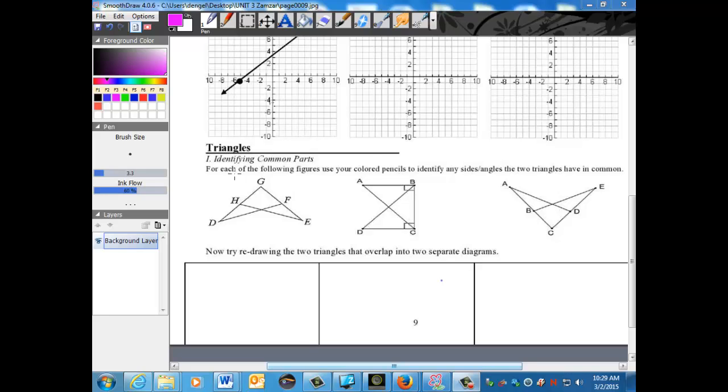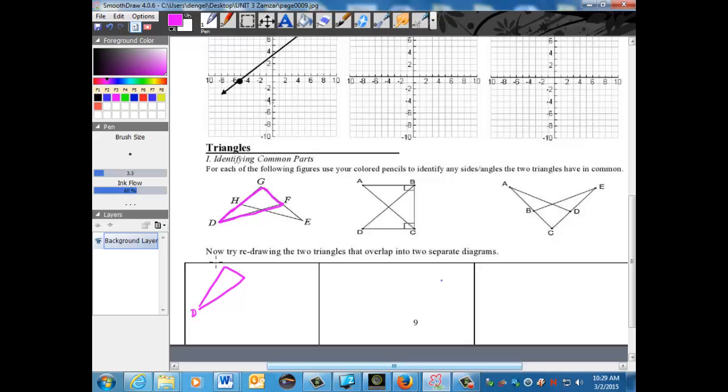So I'm going to highlight this first shape, and here's the first triangle that we have. We have triangle DGF, and so that triangle has been highlighted. And I'm going to redraw it down below to where it looks the same, and it might be a little bit off, but there's my best rendition of what this triangle is.